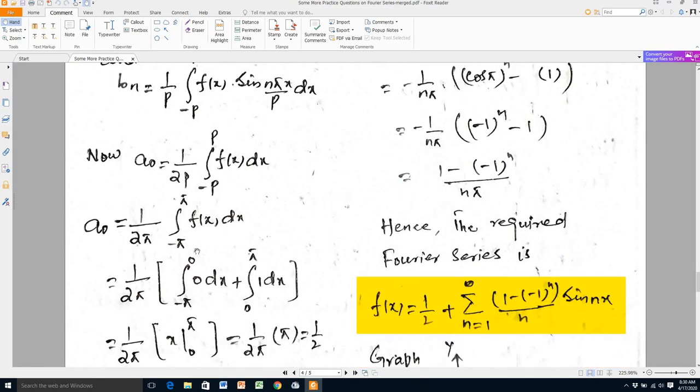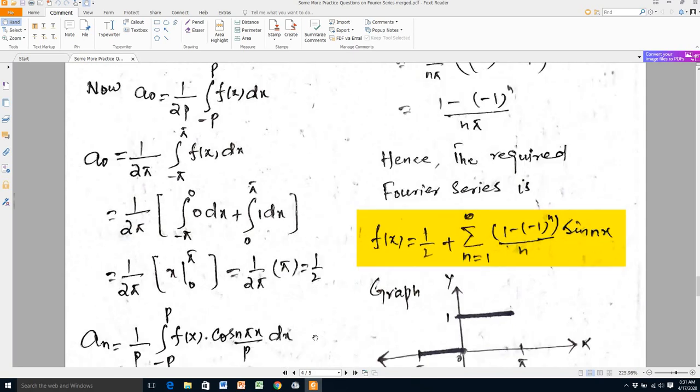Now I expand this integral over the given intervals: 1 over 2 pi, from minus pi to 0 the value of the function is 0, and the other integral is from 0 to pi, where the value of the function is 1, dx. So this becomes 0, and when you integrate this you get x from 0 to pi. After simplification and evaluating at the limits, you get 1 over 2.